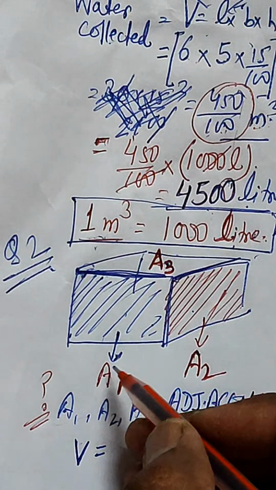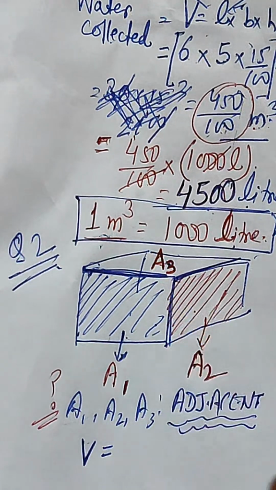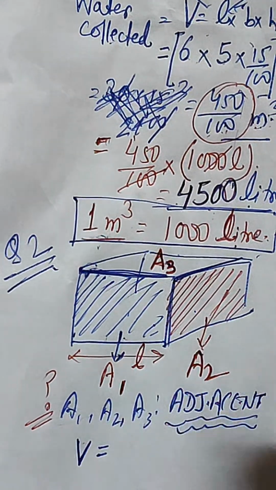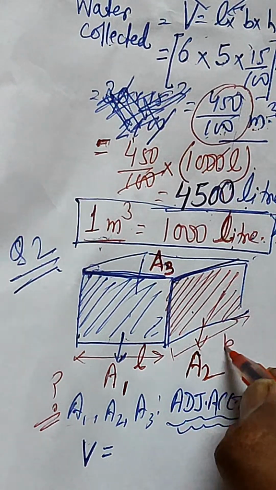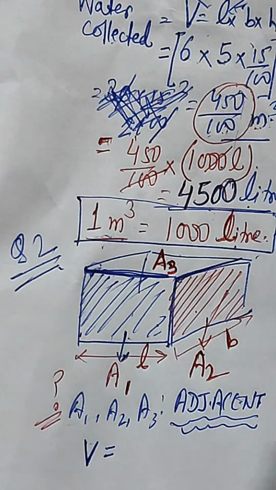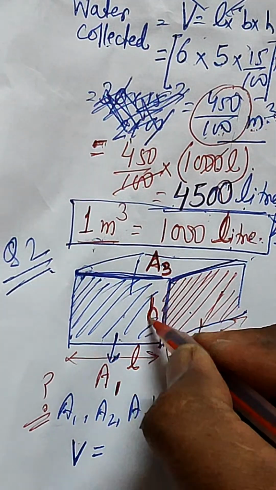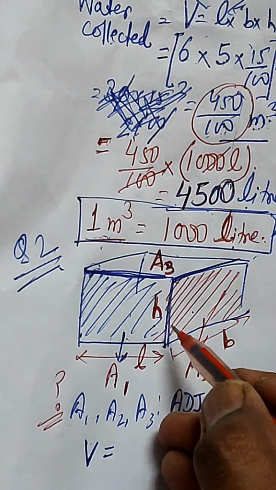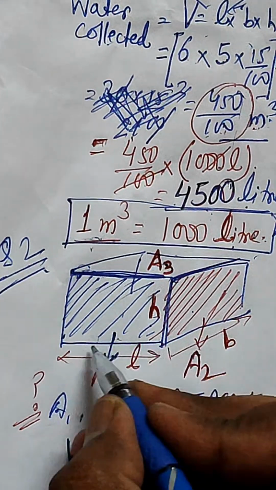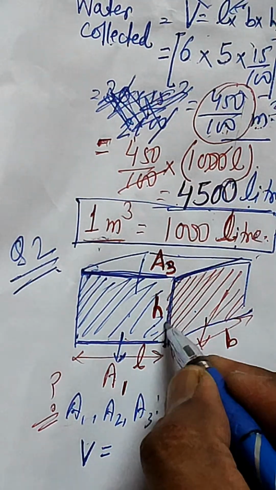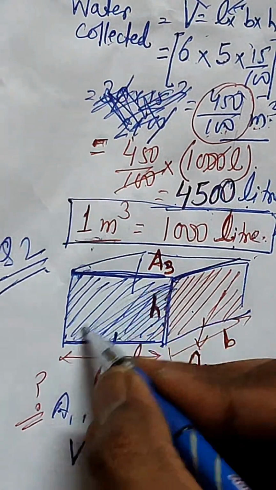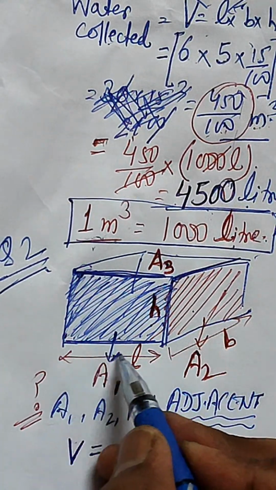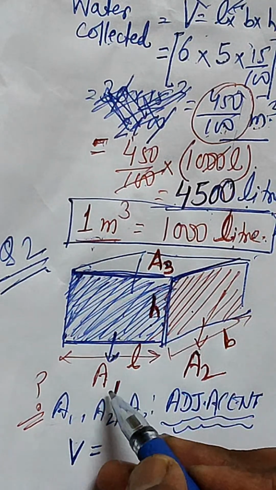Now here, let's say this is a1, this is a2, this is a3, and the length is L, the breadth is B, and the height is H. Then A1 gives you the area of L into H, because this is L and this is H. So this blue shaded area, formed by the two dimensions L and H, will be A1.